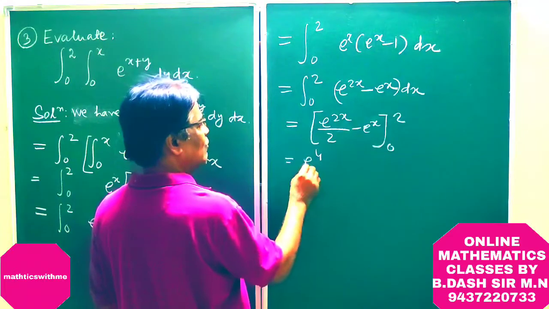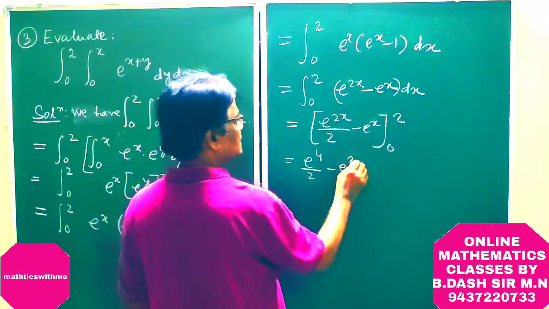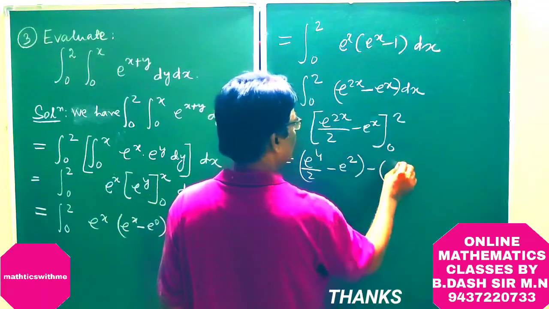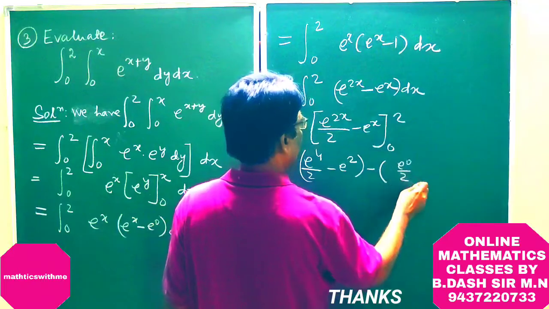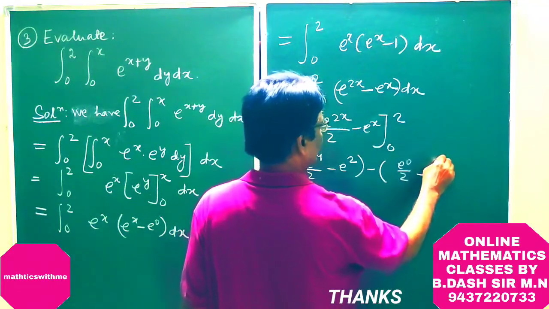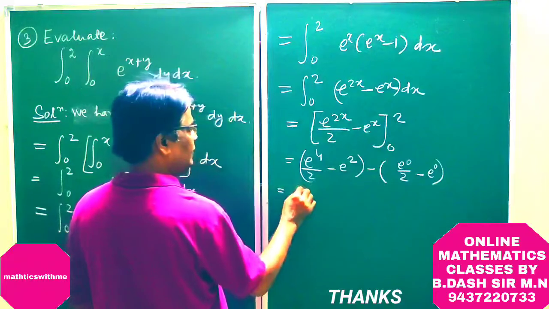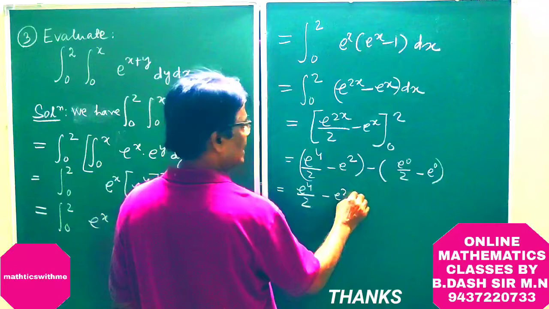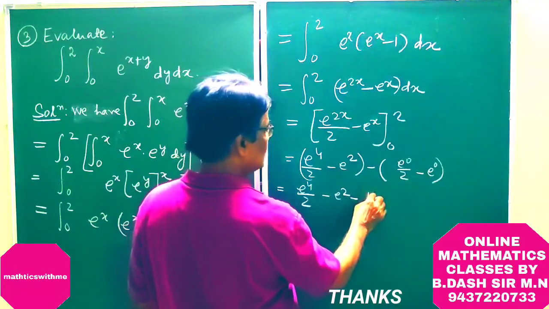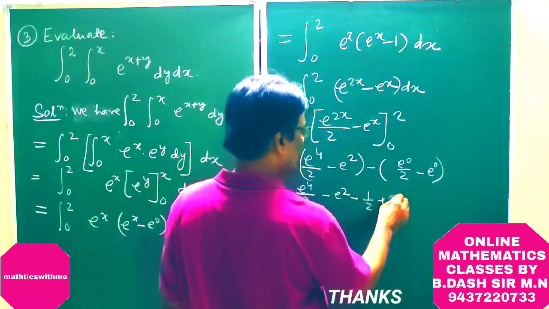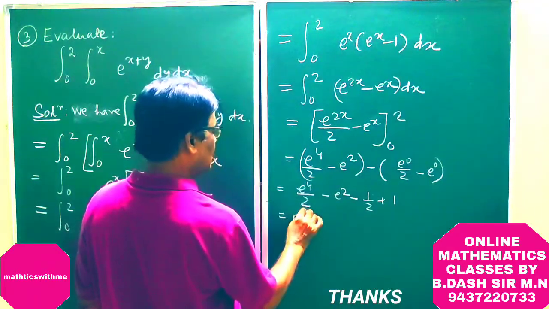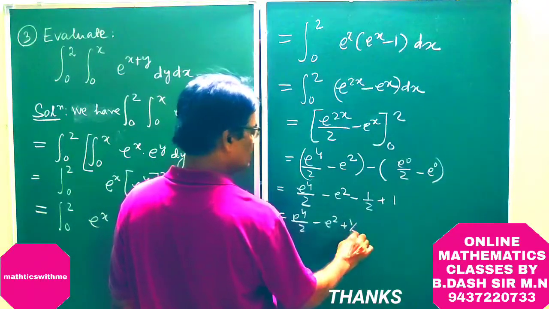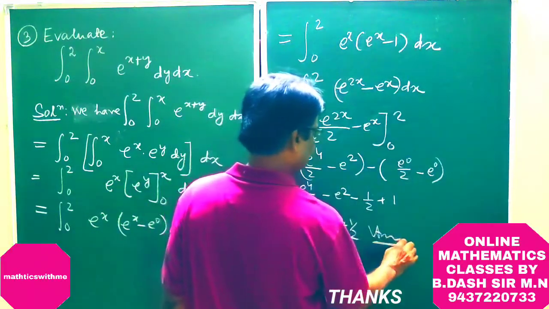So e to the power 4 by 2 minus e to the power 2, minus e to the power 0 by 2 minus e to the power 0. This is e to the power 4 by 2 minus e square, minus 1 by 2 plus 1. This is equal to e to the power 4 by 2 minus e square plus half. Answer.